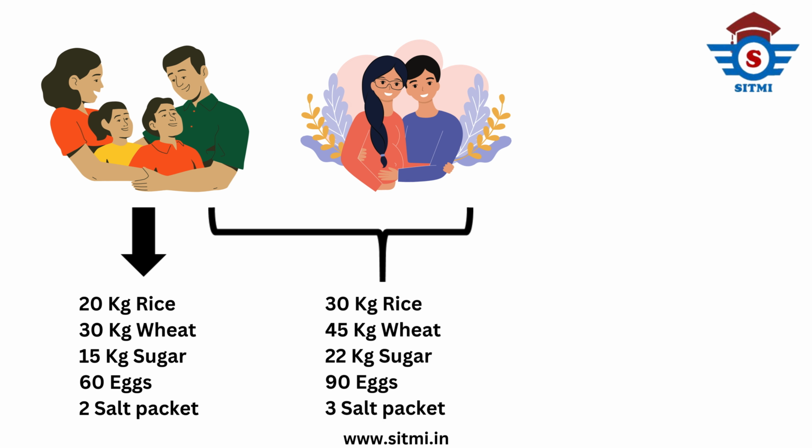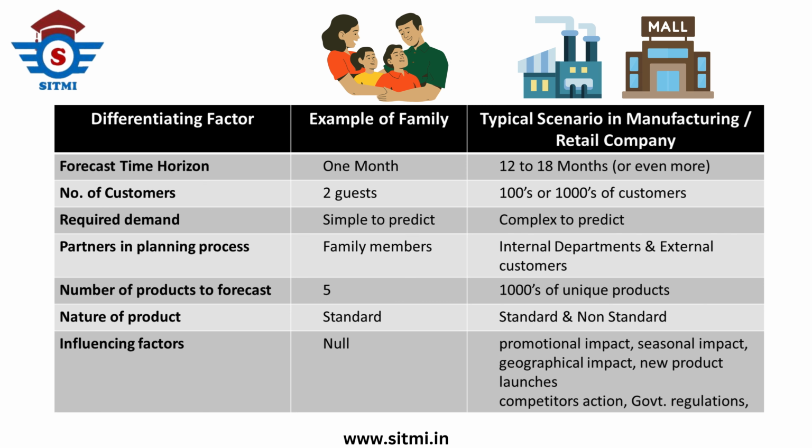Now let's understand the complexity of the demand planning process by comparing this example with a typical scenario in a manufacturing or retail company. There are multiple differentiating factors we have considered here. First is the time horizon to forecast.